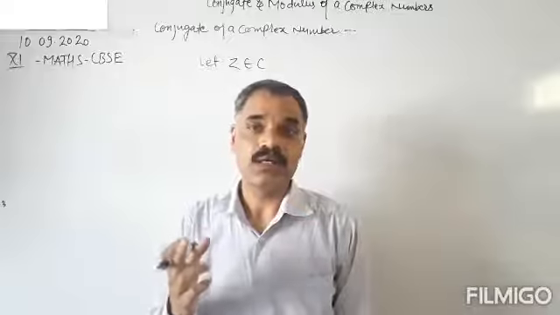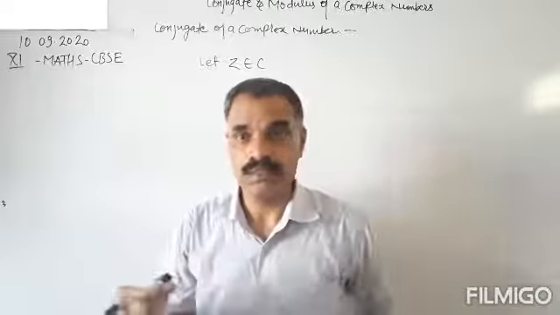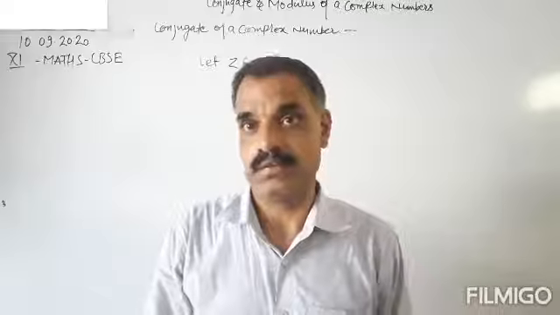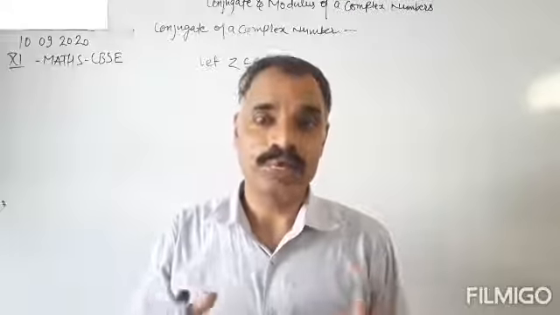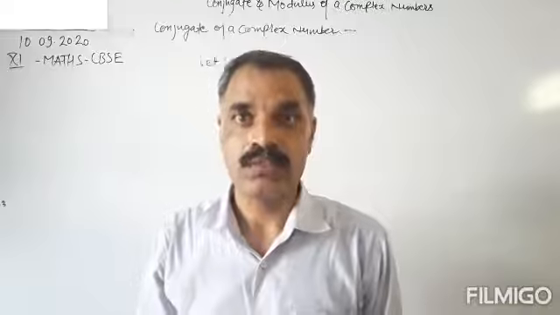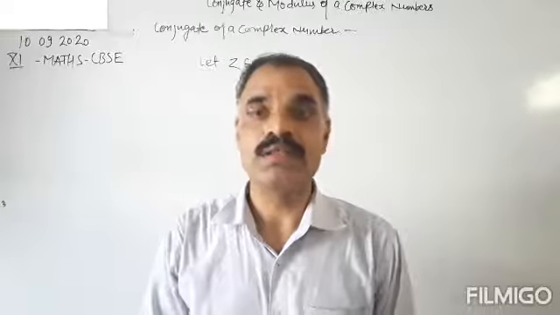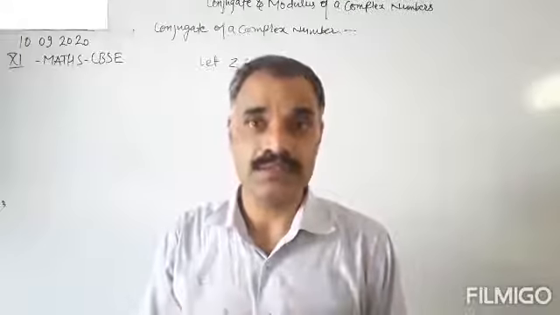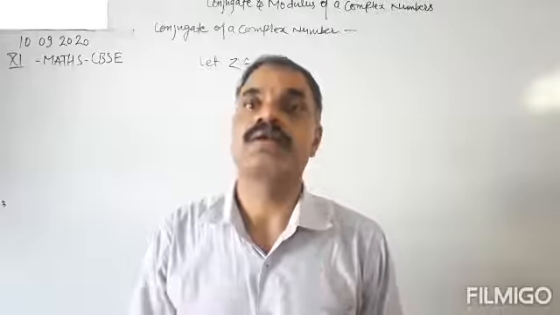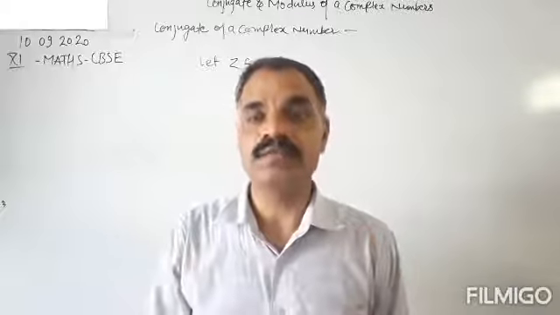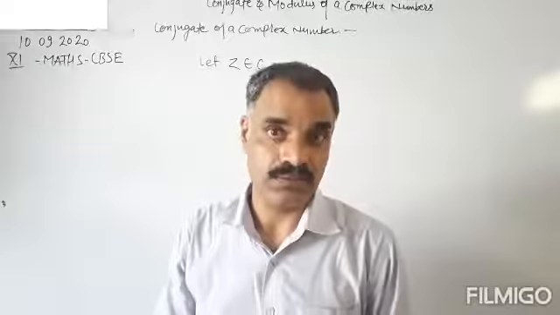C is called the set of complex numbers, meaning the set of all complex numbers. You know every real number can be represented as a complex number. So C also contains the set of real numbers, or we can say C is the biggest set of numbers. It contains real numbers, imaginary numbers, and complex numbers.